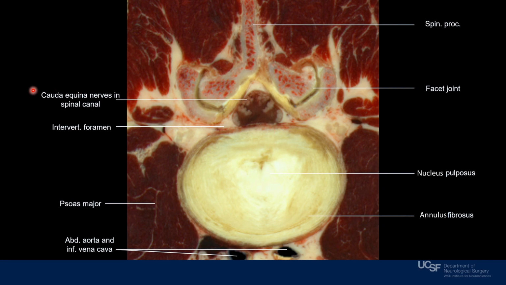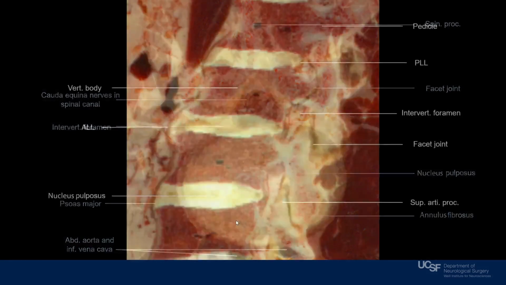The reason is because we can see the cauda equina nerves in the spinal canal. We see this short and broad lamina and the Z joint that we mentioned previously. We also see the abdominal aorta and inferior vena cava.